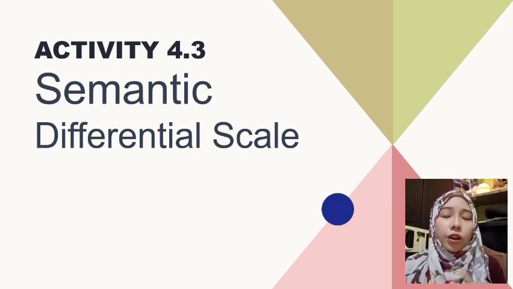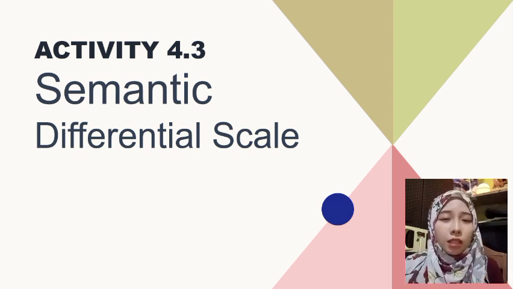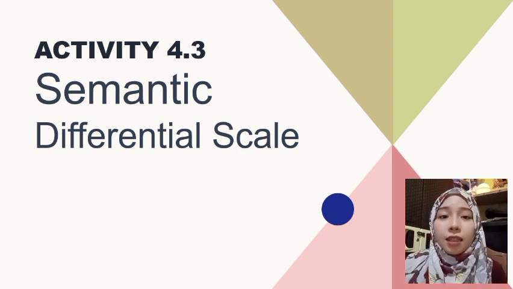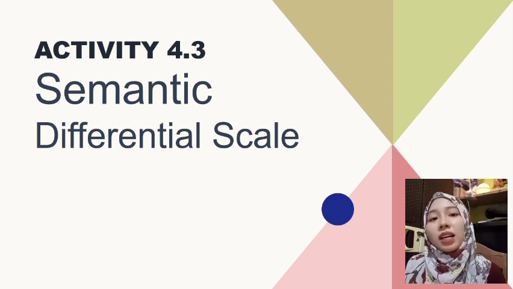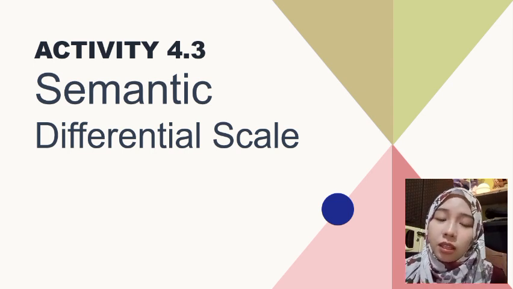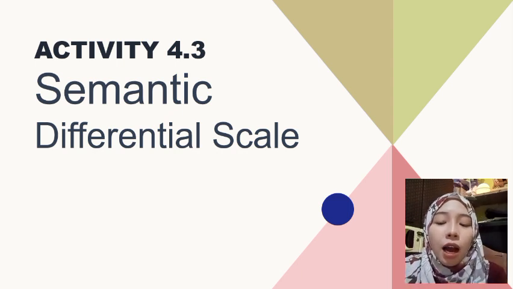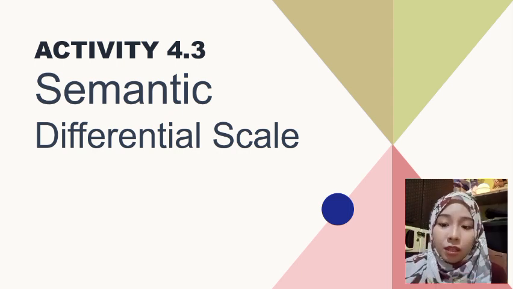And if there are advantages, there are also disadvantages. One of the disadvantages of the semantic differential scale is that it can be susceptible to response biases, such as extreme response or social desirability. It is a bit biased because the provided adjectives are limited.